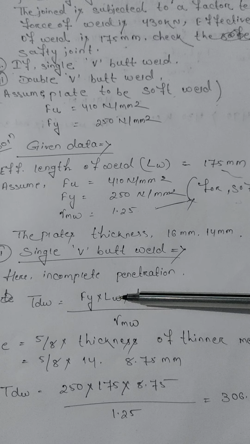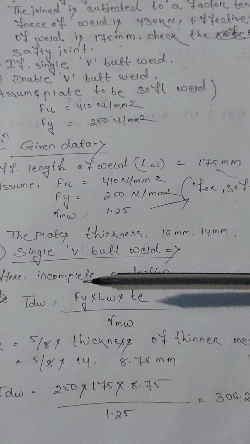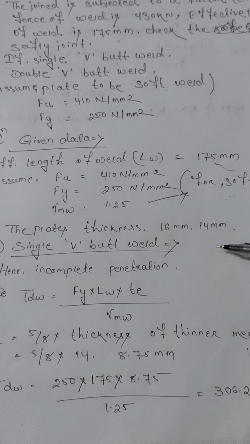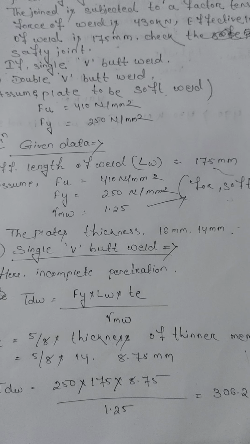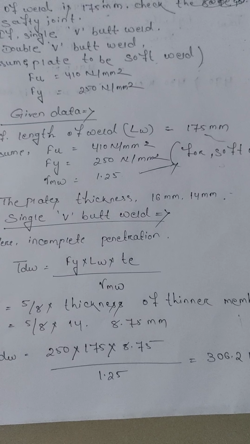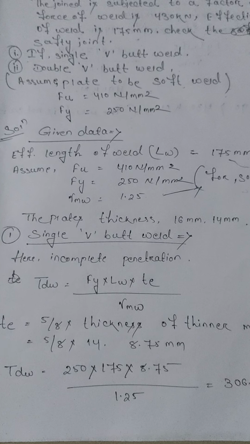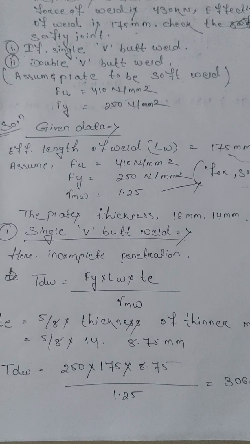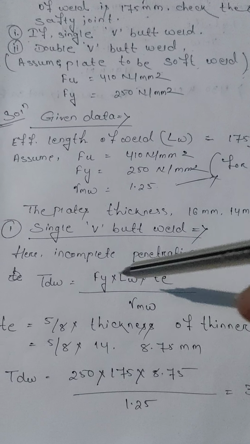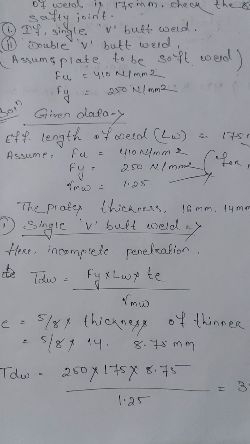First, the single V butt weld. The two plate thicknesses are 16 mm and 14 mm. Here, in the single V butt joint, there is incomplete penetration, so TE is 5/8 of the thickness of the thinner member. The design strength TDW is Fy into LW into TE, divided by gamma MW.